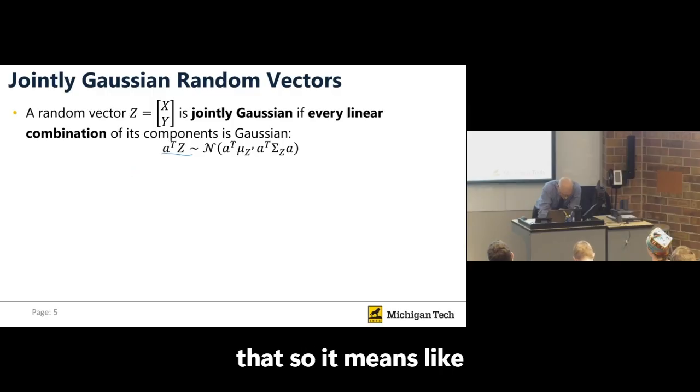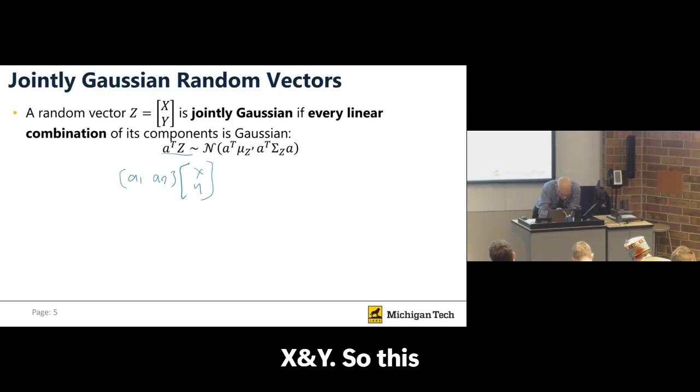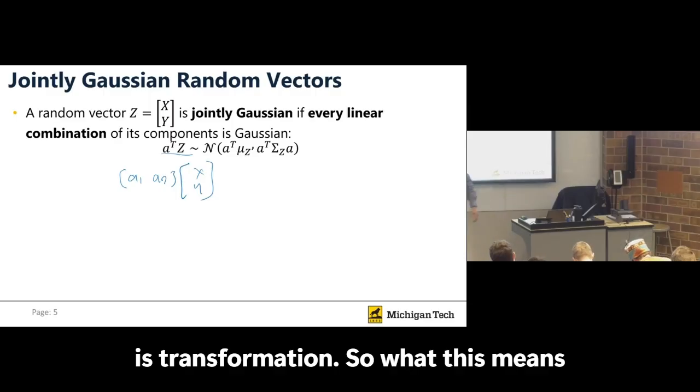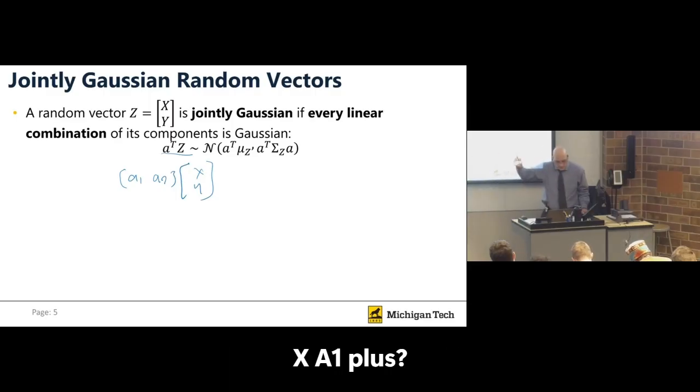So it means A1, A2, and Z is X and Y. So this is the transformation. What this means is X A1 plus Y A2, OK? This is A2. This is a dot product.